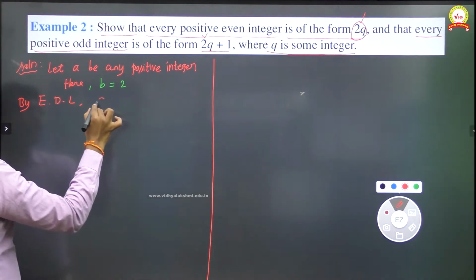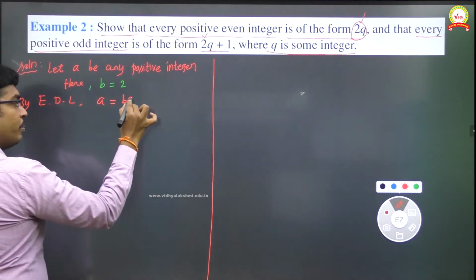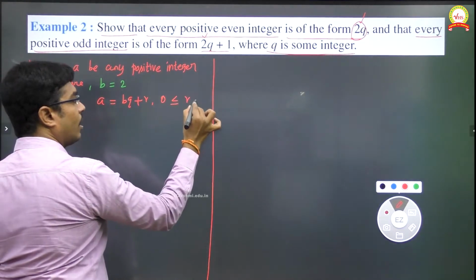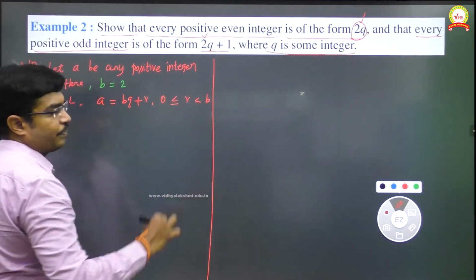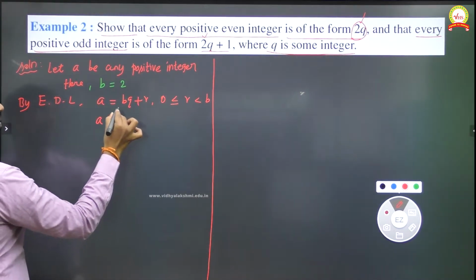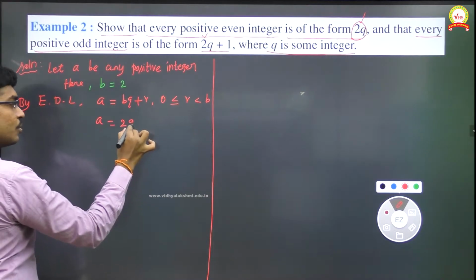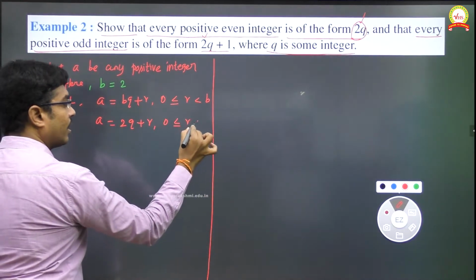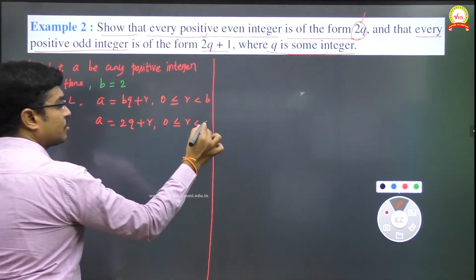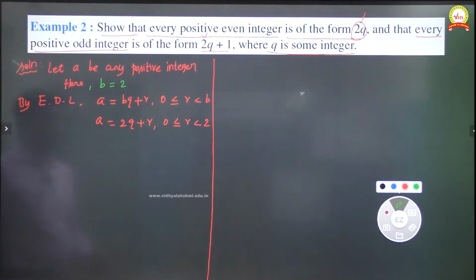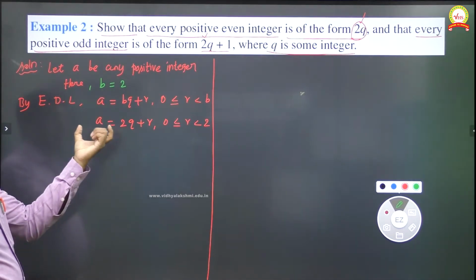What is the formula? a equal to bq plus r, 0 less than or equal to r less than b. Now substitute the value of b, which is 2: a equal to 2q plus r, 0 less than or equal to r less than 2. Yes or no? See, a equal to 2q plus r, where a is the integer we have taken.